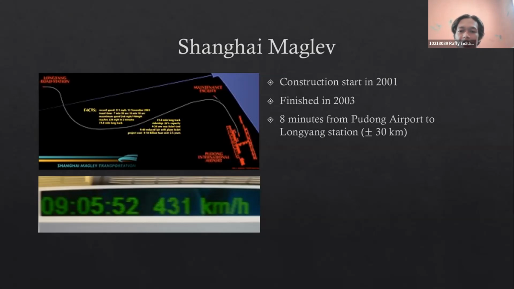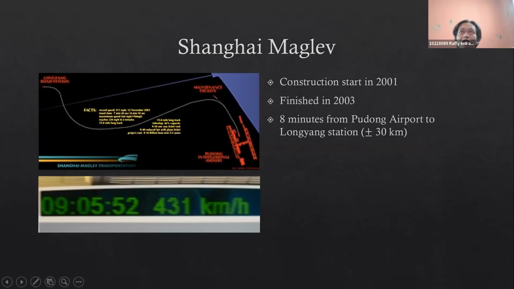It covers a distance of over 30 km. The Shanghai maglev was constructed in 2001 and finished in 2003. Okay.